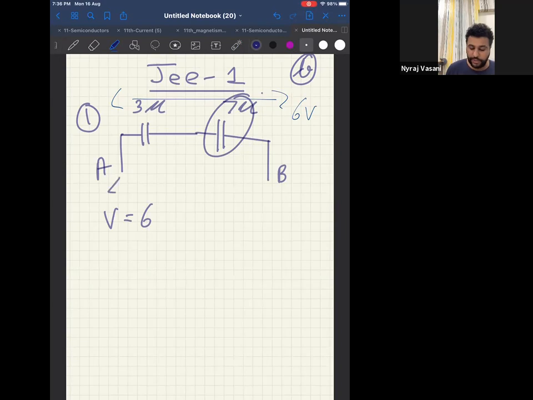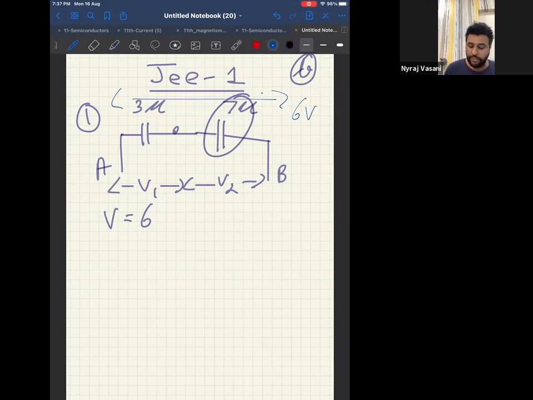And this total V is split into V1 and V2, because this is 3 and this is 7. Therefore, 3 microfarad will get V1 and 7 microfarad will get V2, and the total voltage will be 6. This much is clear.